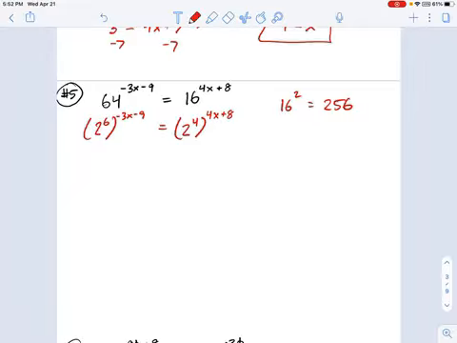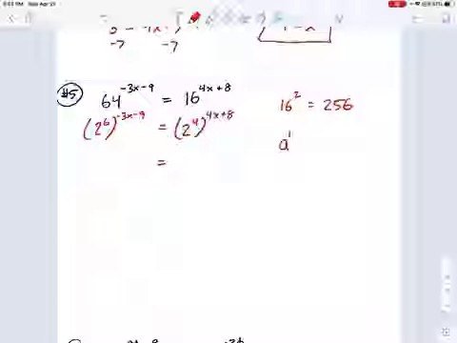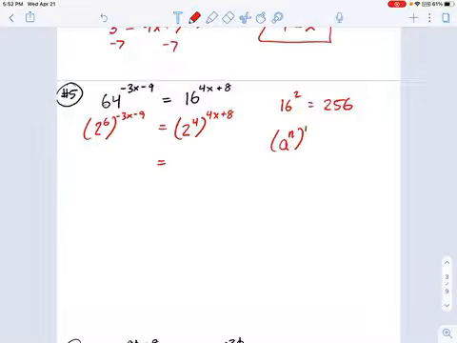Well, now we've got a common base, but those exponents look terrible, so let's try to use some other rules about exponents to work with this. If I have something like a to the n power, and I raise that to the m power, this becomes a to the nm. We just multiply the exponents together.